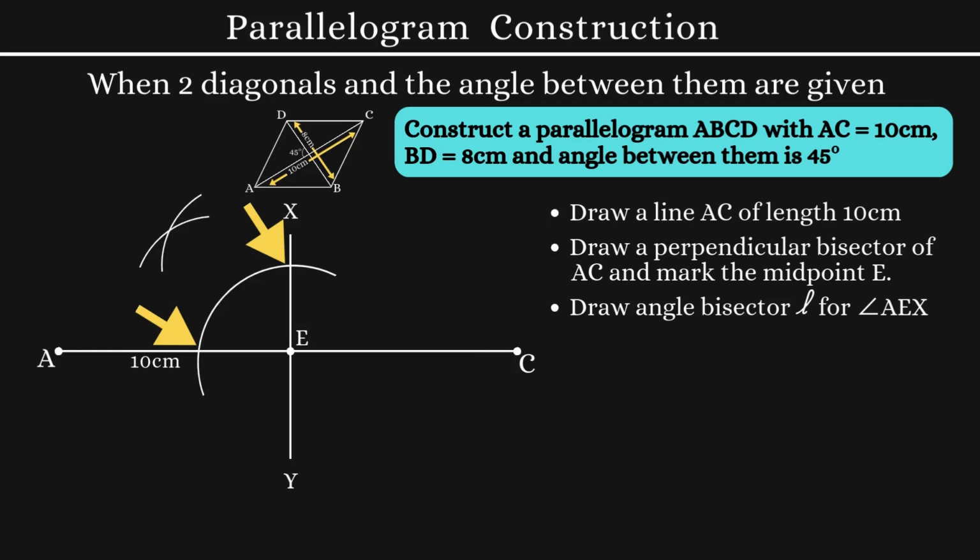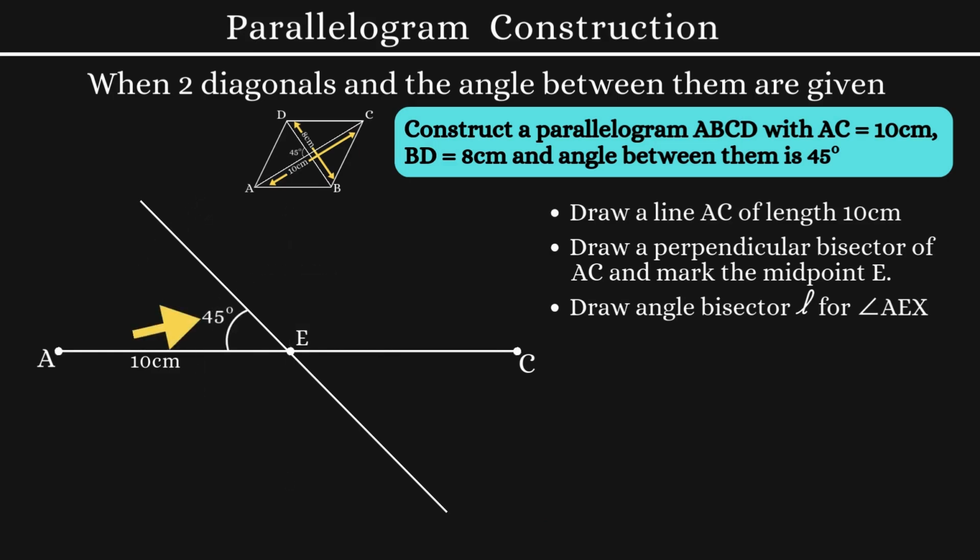When you join this point of intersection to the point E, what results is the angle bisector. In other words, we have constructed a line which makes 45 degrees with our first diagonal. Let's mark this line as L.